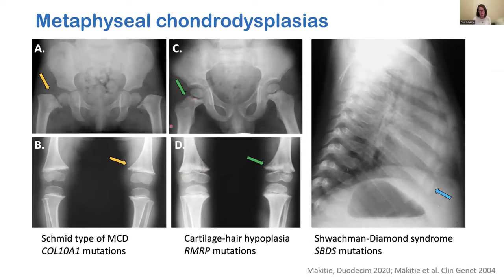Whereas in this other type of metaphyseal chondrodysplasia, Schmid type, caused by mutations in type 10 collagen, the findings are also confined to metaphyses, but these are a little bit different, maybe not as irregular, and especially these patients usually have this significant varus deformity at the hips. And Shwachman-Diamond syndrome is then another metaphyseal chondrodysplasia.